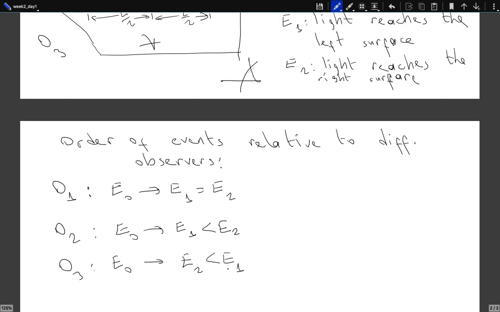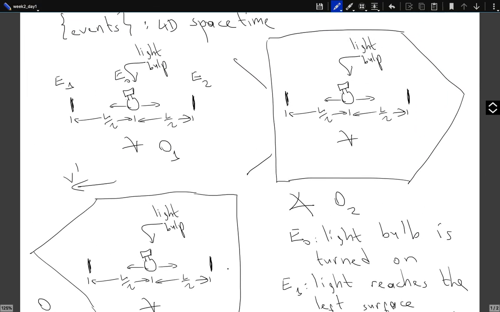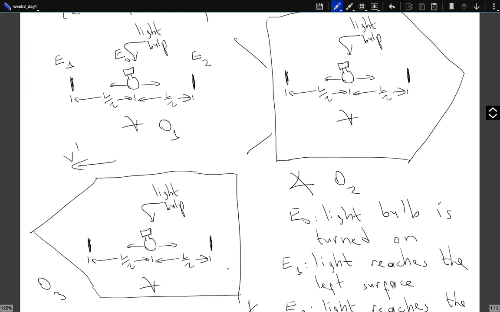Observer 2 and 3, we assume they see events 1 and 2 happening simultaneously. But can we say they are different from the observer's position, because O2 is seeing the rocket go to the right-hand side, but the other one sees it go to the left? Can we differentiate them from their positions?